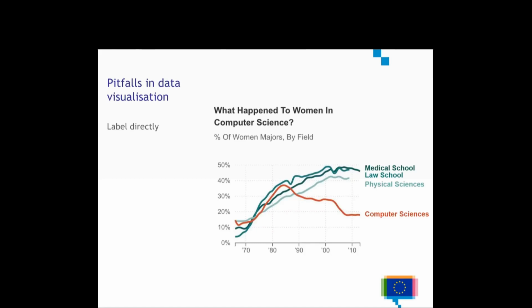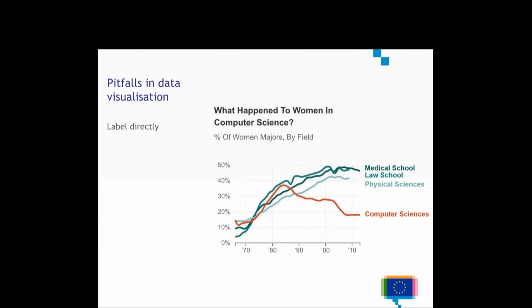So whenever you can, try to label things on your chart directly and try to avoid separate legends, because separate legends will oblige the reader to skim back and forth between the chart and the labels in the legend.